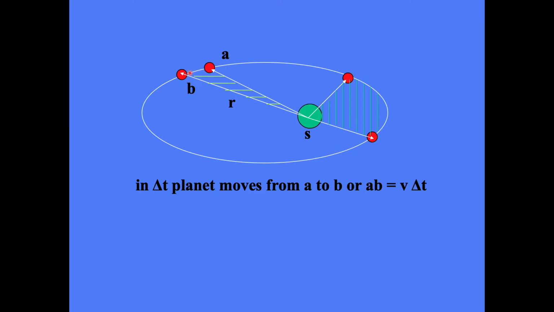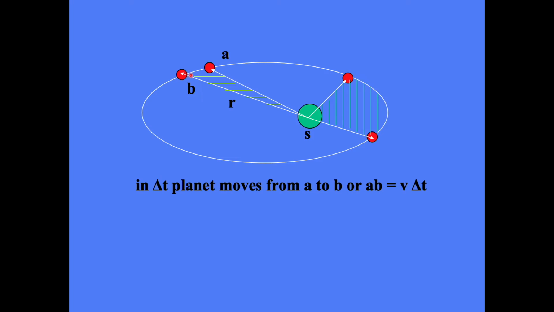So even though this is an arc, if the time is small, this arc really becomes a straight line. So think of this as a straight line, and think of A, B, and S as the vertices of a triangle. And we're going to look at the area of this triangle and see what we can learn from it.